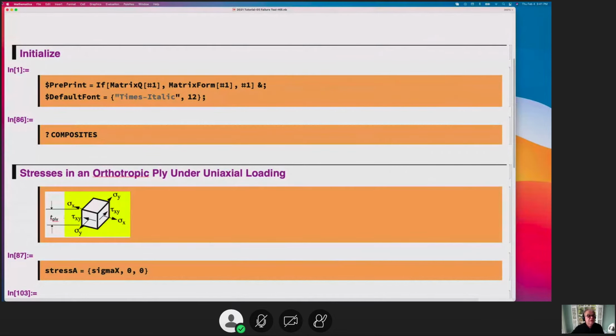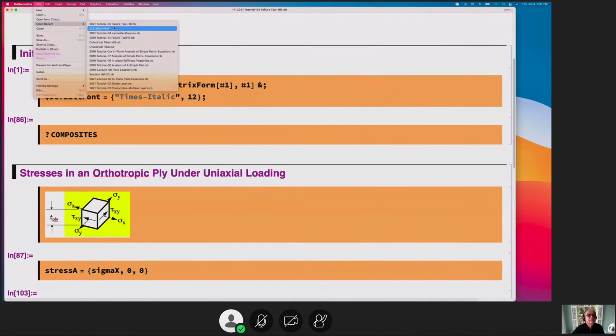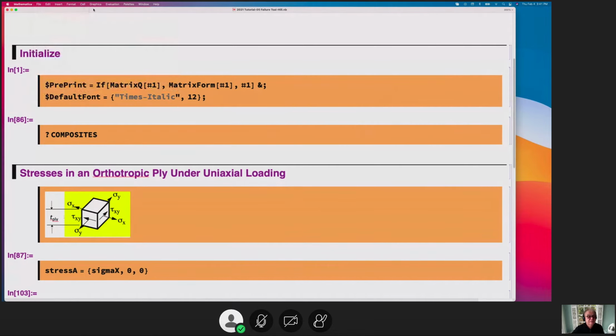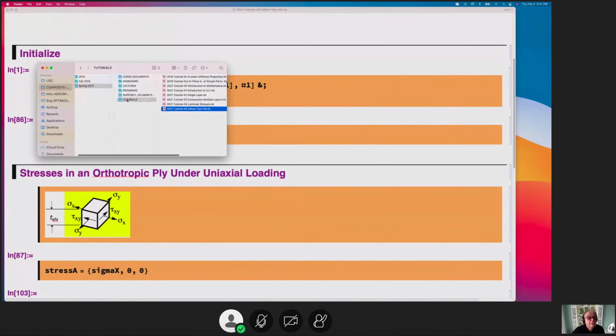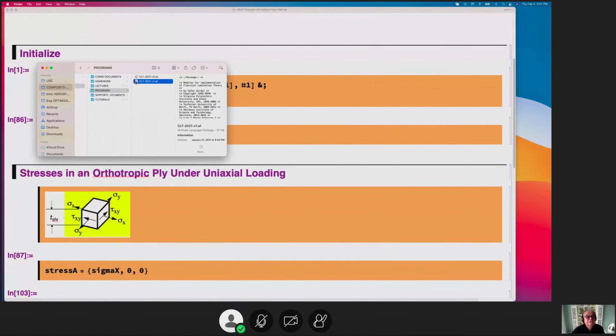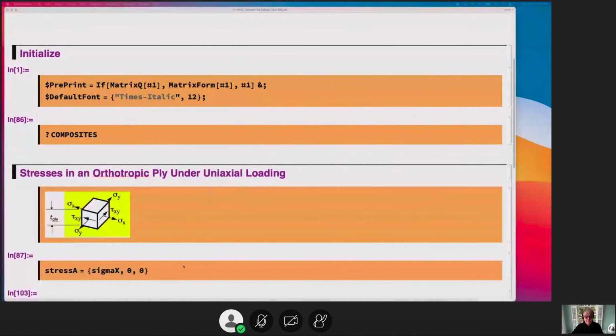And as usual, I will need to open CLT. I think we're on version 1, right? Let me check if I have version 2 already. Programs, version 1. Yes, version 1 is the latest.